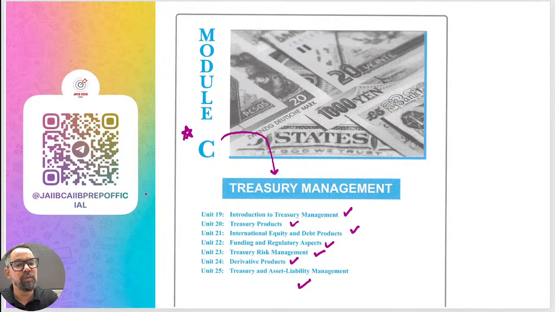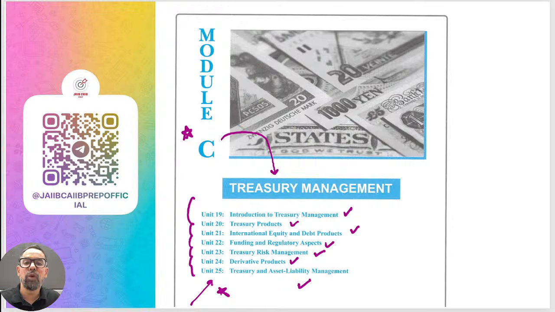So when it comes to module C, these are the units, and in this particular session we are going to complete all the units. One thing I told you in the morning also: maximum time we only focus around the first two modules, A and B, which are a bit complex.